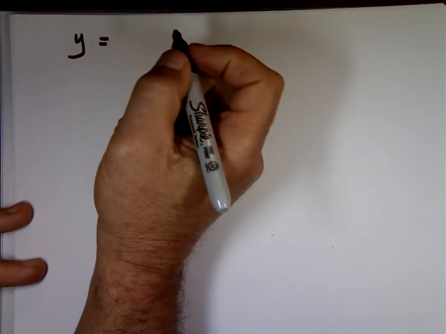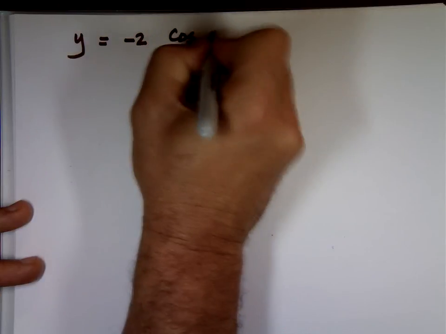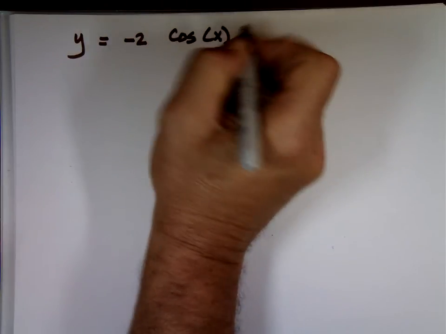Let's try one more. Negative 2 cosine of x. Negative, I did instead of plus.